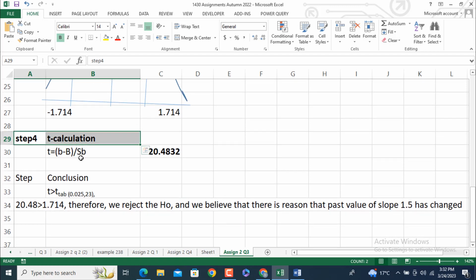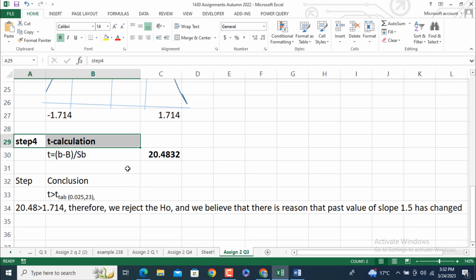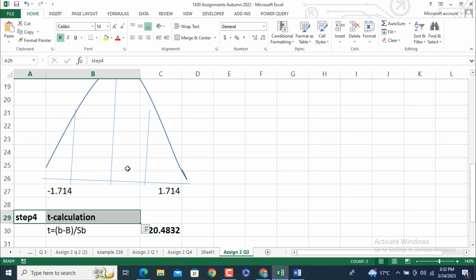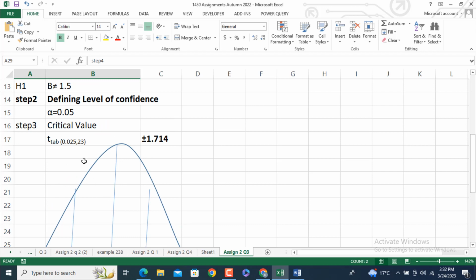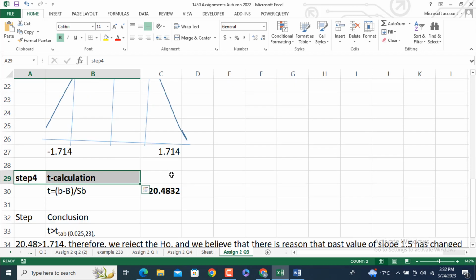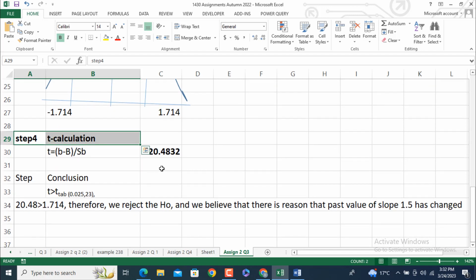So step 4, we are going to calculate the t value based on the information, which is equal to b minus beta divided by SP, where b is equal to 1.685, which has been given in the question, and beta has been changed here to 1.5. So the value is 20.4832.